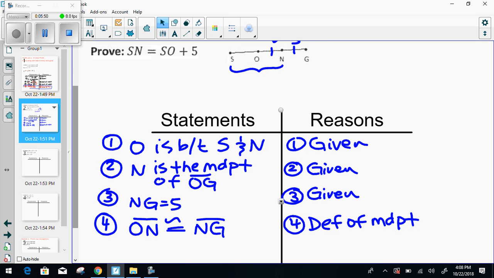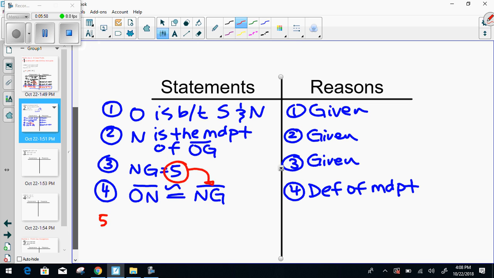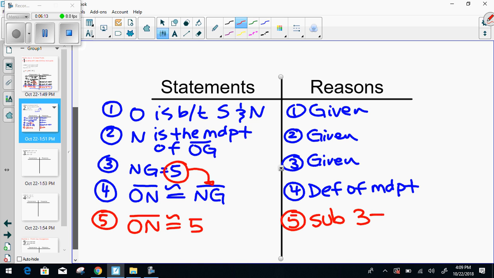Now we can substitute 5 in for NG because that's what NG is equal to. So on line 5, we're going to say segment ON is equal to 5. This one we substituted information from line 3 into line 4, and that's how we created line 5.